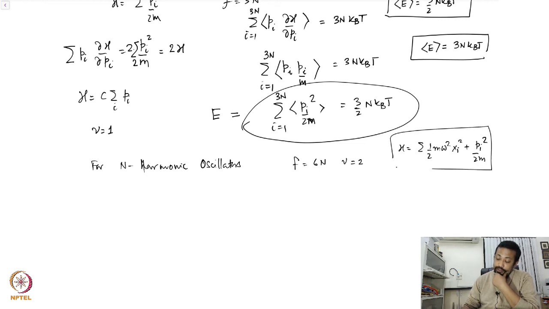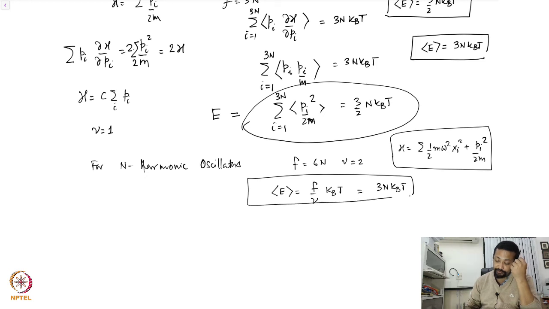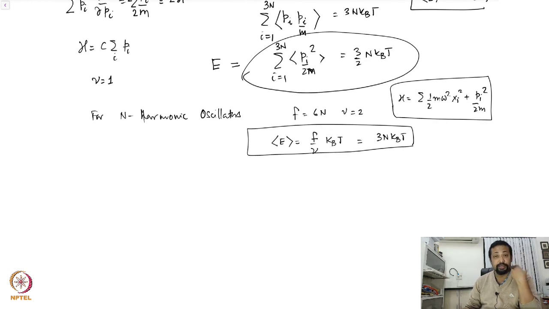This Hamiltonian is a homogeneous function of degree 2, so that the average energy in this case is f over nu kBT, which is going to be 3n kBT. And this is exactly the result we derived when we treated such a system in the microcanonical ensemble.